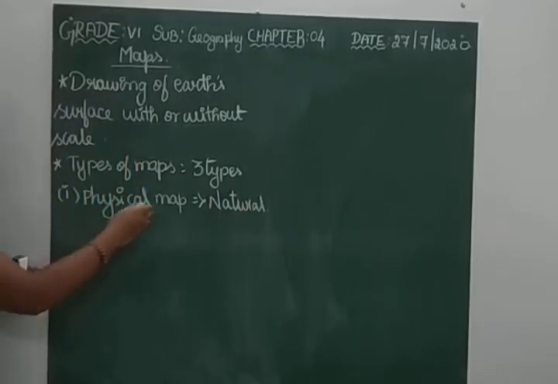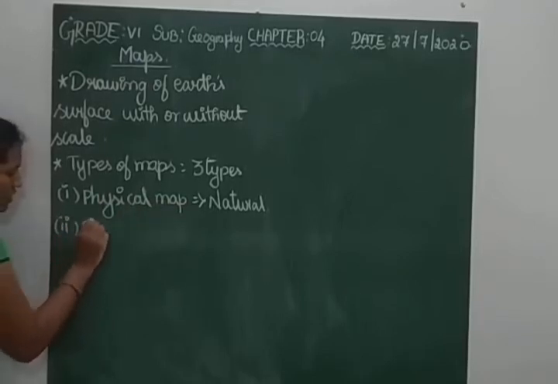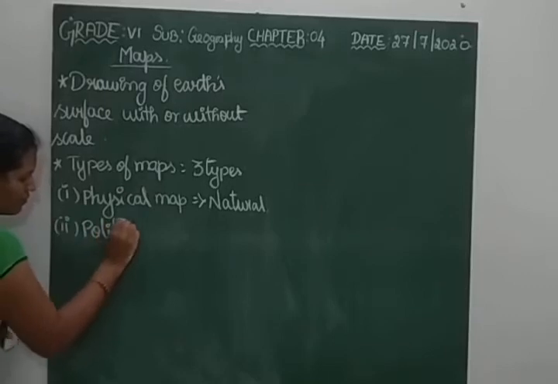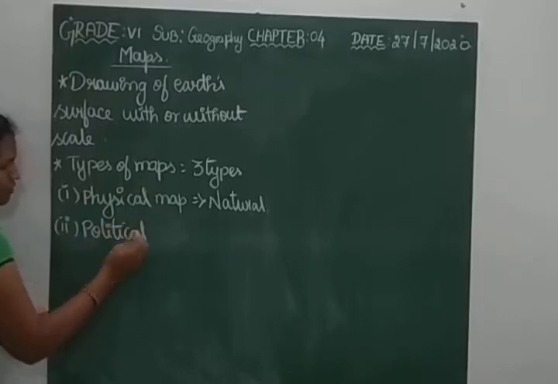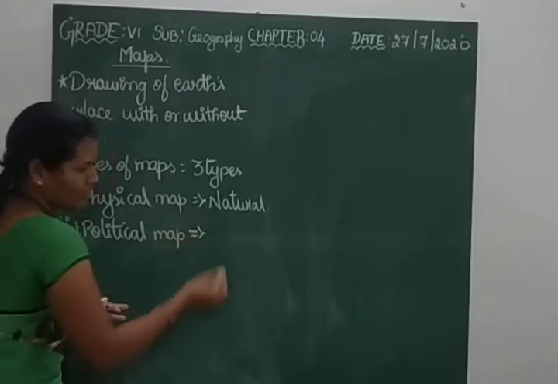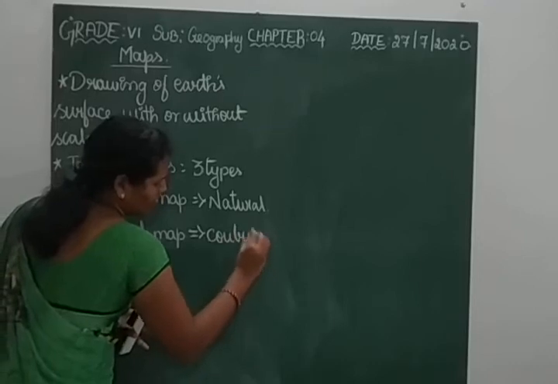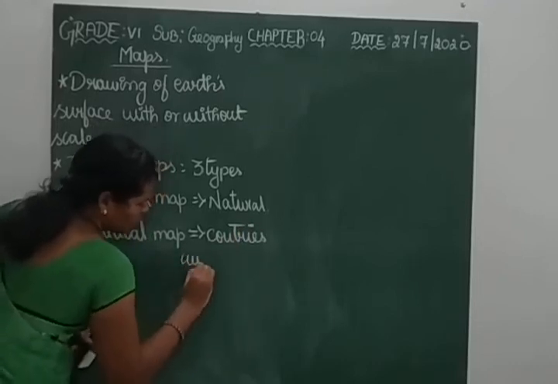The physical map will contain the information of natural features. Second one is political map, which contains the information about continents and countries with their boundaries.